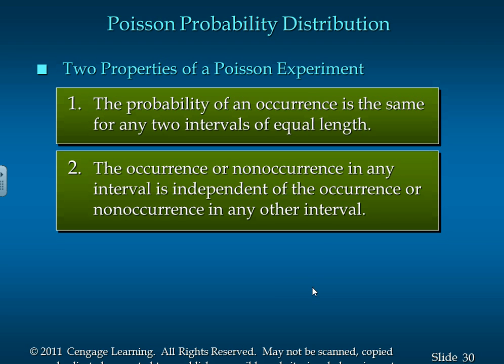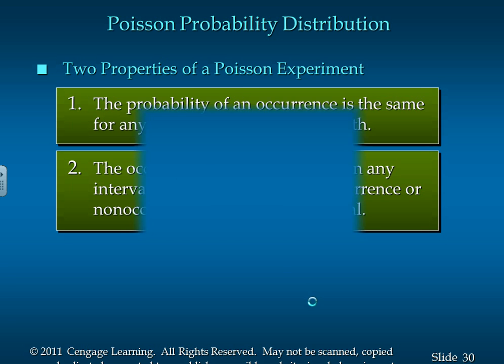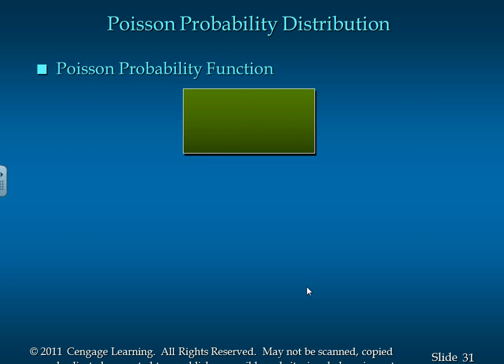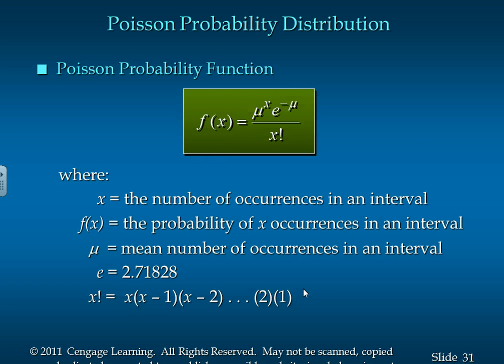So just because something happened a half hour ago doesn't mean it's going to happen next half hour. And there we go, just what we wanted to know. So our probability function, mu is the mean of the occurrences, e is the base of the natural numbers, and the factorial.